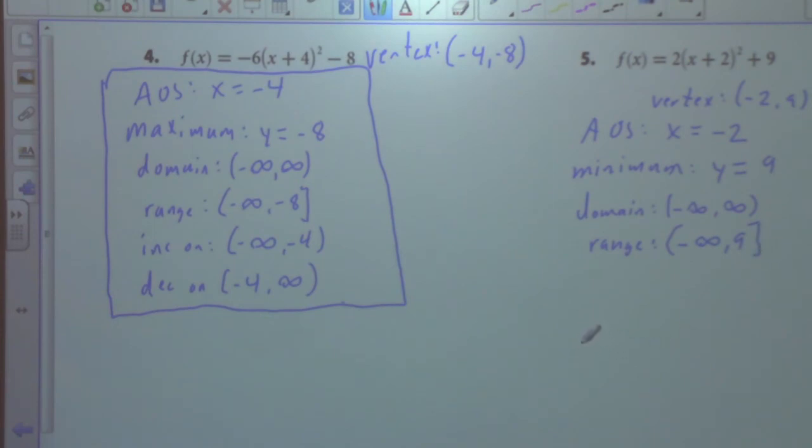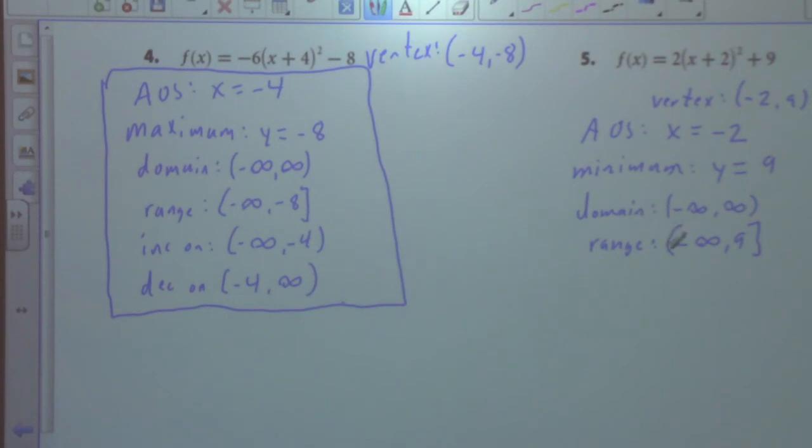Anybody have something to add about this? I put the 9 with the negative infinity. But it should be the other way. Range, I got 9 to infinity. Okay. Marcus, people are saying 9 to infinity. Why is that? Is that right?